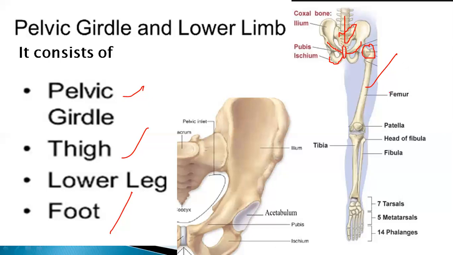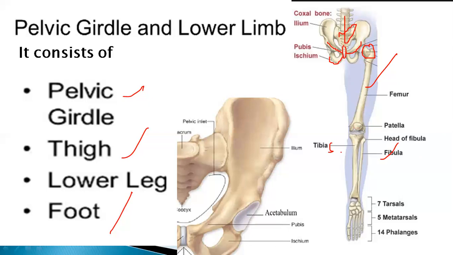Then this femur is joined with this. Femur is actually the longest and strongest bone of the body, because our feet and whole of the body depend on this bone to stand upright. Then when we come to the lower region, there is tibia and fibula.